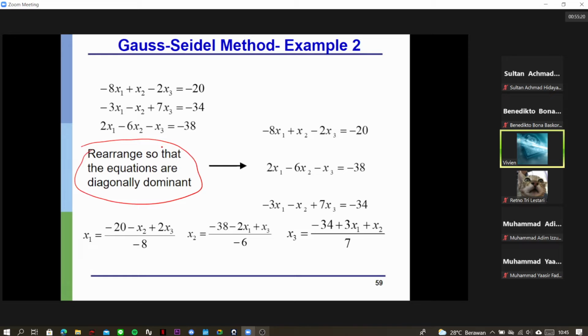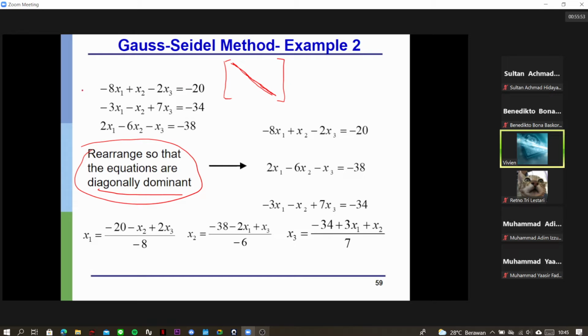What is diagonally dominant is when we have a matrix where the largest value fills the diagonal element. So this is called a diagonally dominant matrix. We want to rearrange this equation so that it will be diagonally dominant, which means we choose the maximum value to lie in the diagonal element.